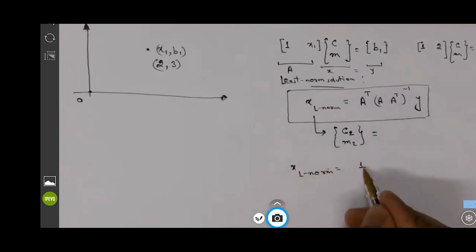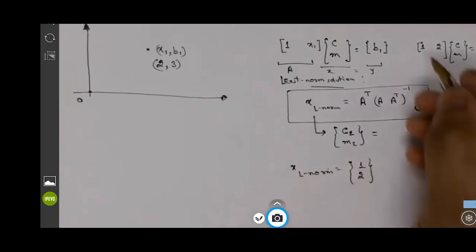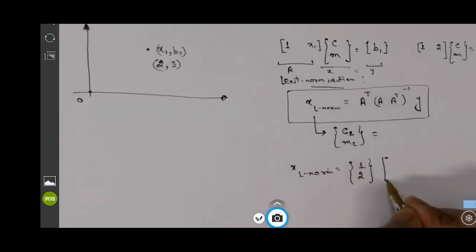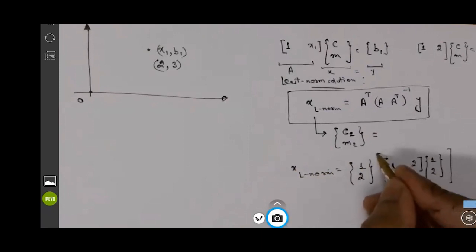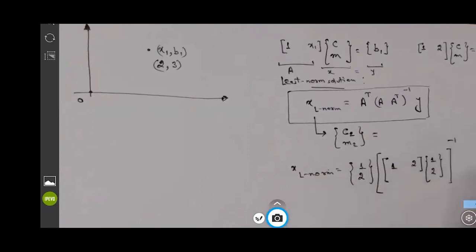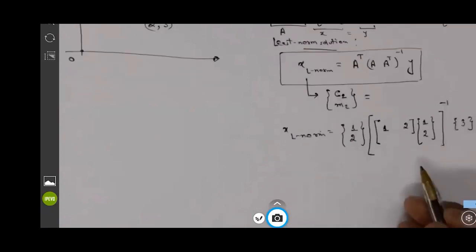A transpose would be 1 and 2 in a column, because the row will become a column. A is 1 and 2. A transpose is 1 and 2 in a column, and you take the inverse of the whole of that times y. Y is your 3. So let's do that.